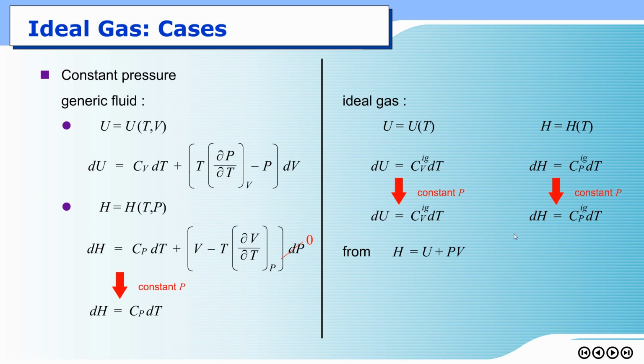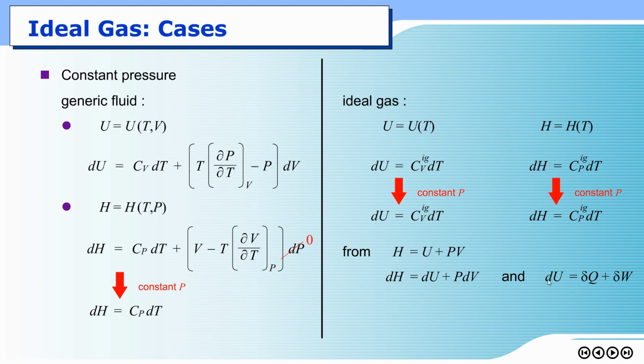If you apply this to the definition of enthalpy and take the derivative of this equation under the application of constant pressure, then the derivative of PV should equal P dV, because pressure itself is constant. You can take it out of the derivative.